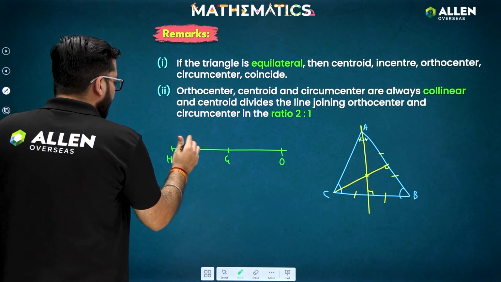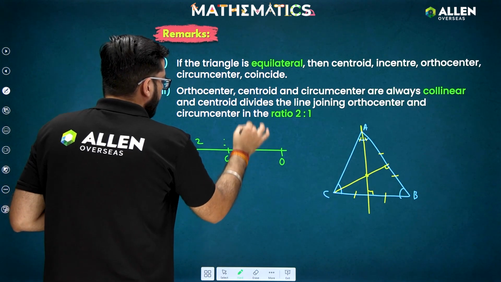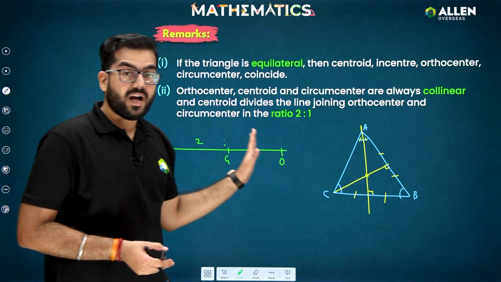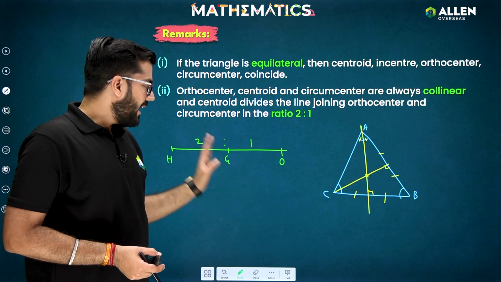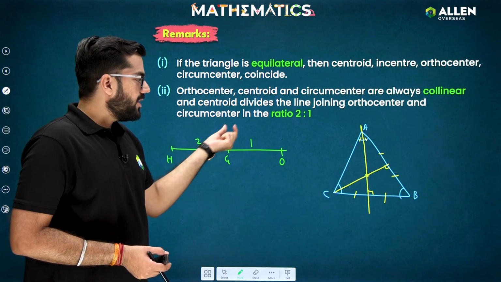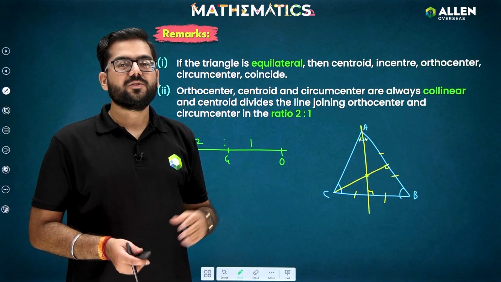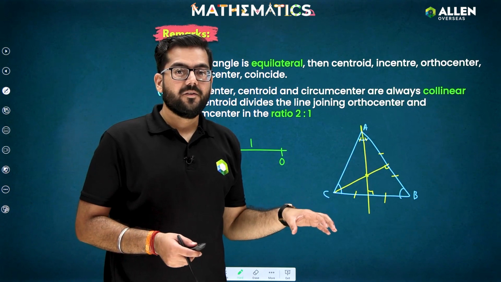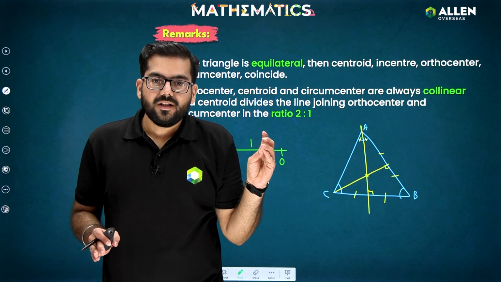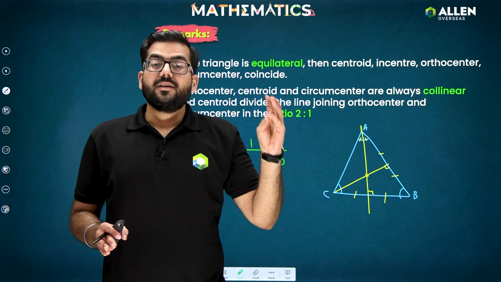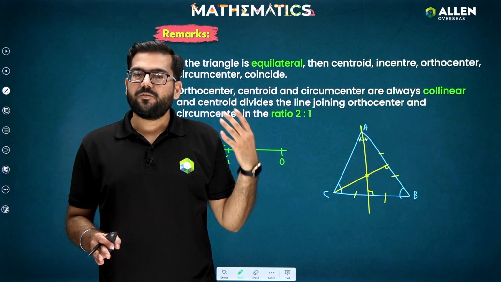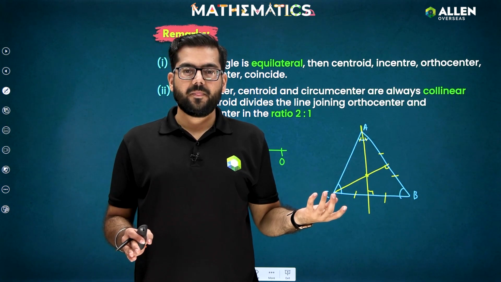So this G will divide in the ratio 2:1. This is the property. HGO is the series, you have to maintain the sequence HGO, and this G will divide in 2:1. So this is the concept part, which is important. All the four things we have covered: the first is centroid, then incenter, the third is circumcenter, and the fourth is orthocenter.